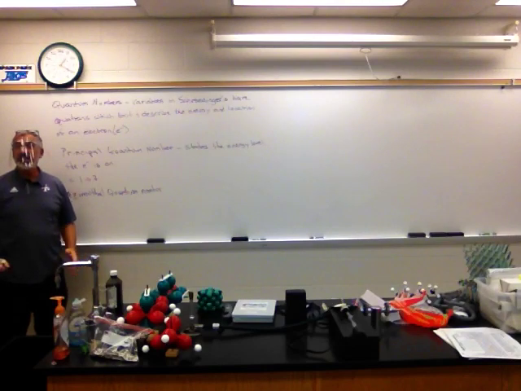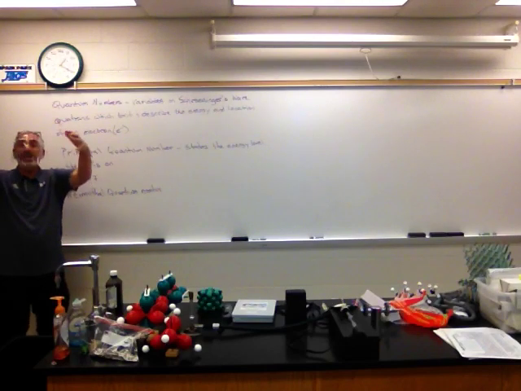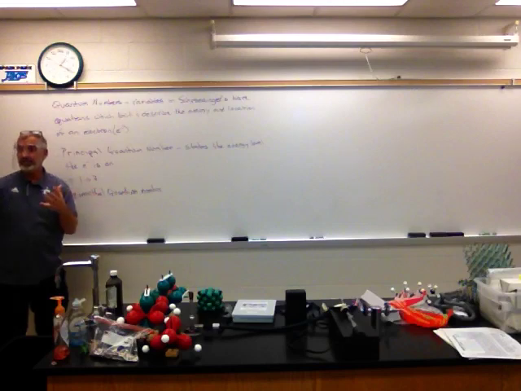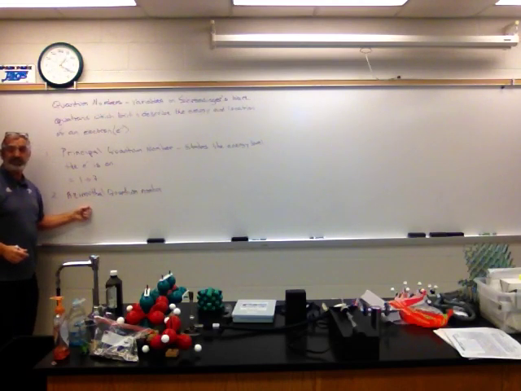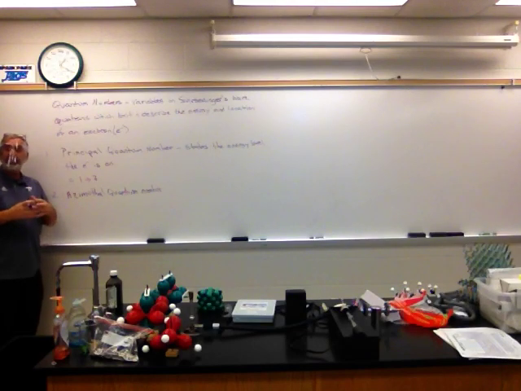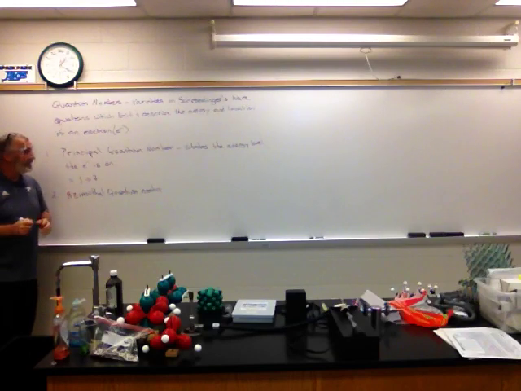Okay? So it kind of gives where in space the electron is going to be. That's what the azimuthal quantum number is going to tell us. Based upon its energy, the electron is going to be in different places, different patterns in space.